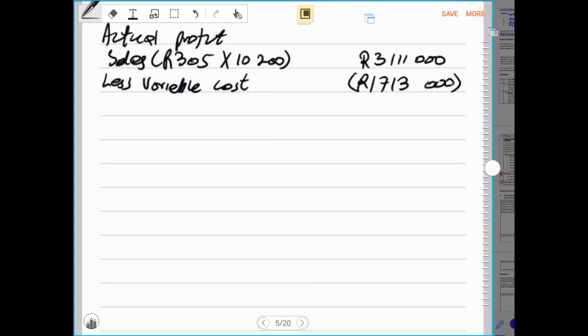So this will be a negative. Then I also have to say less fixed cost, which is the actual fixed cost. My actual fixed cost is 778,000 rands.